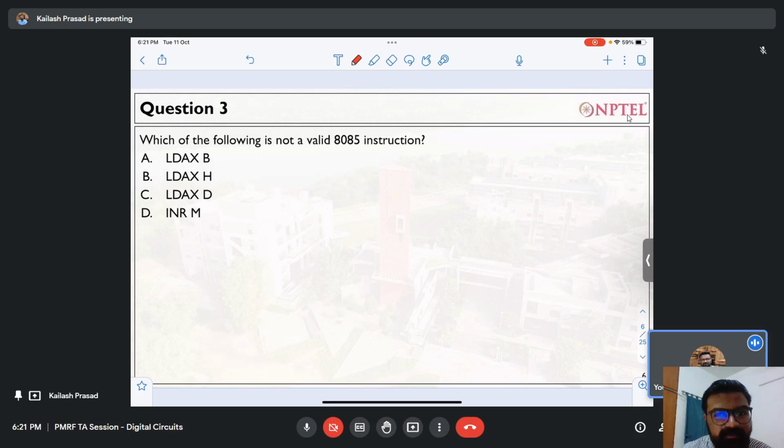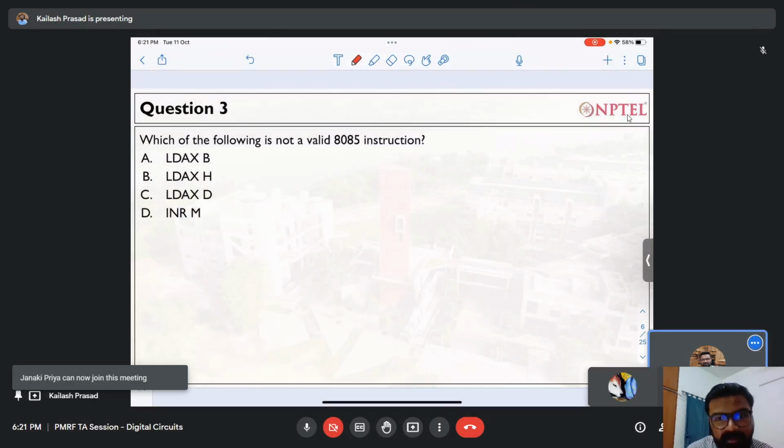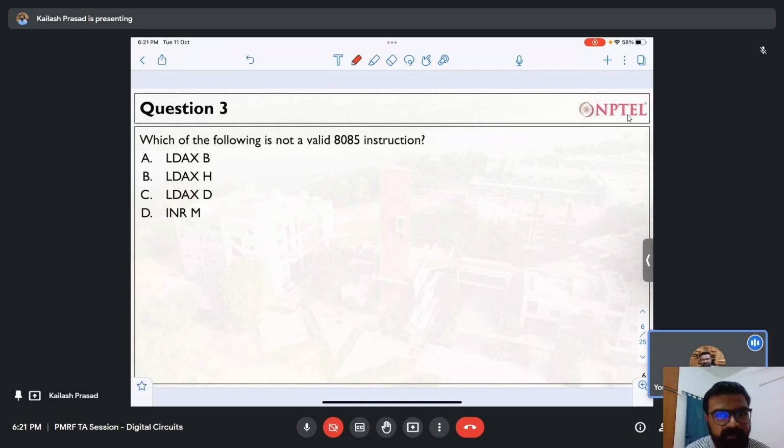Third, I have four instructions given: LDAX B, LDAX H, LDAX D, and INR M. So load from B, load from H, load from D, and increment M. You have to tell me which of these is not a valid instruction.